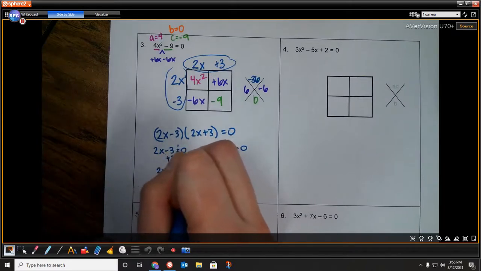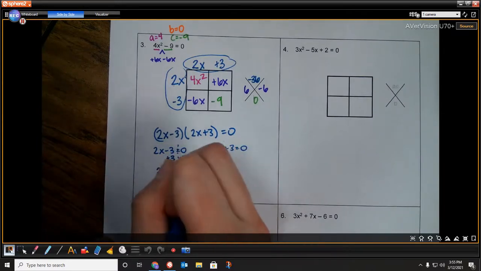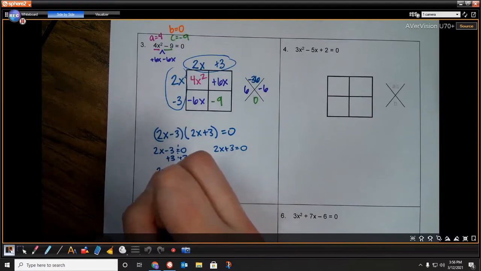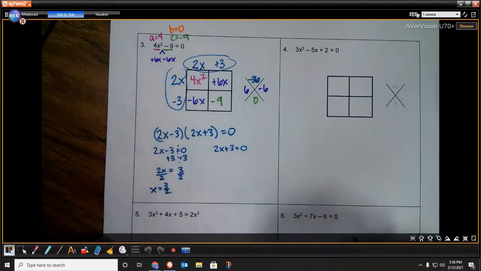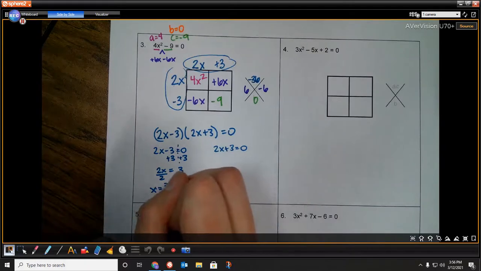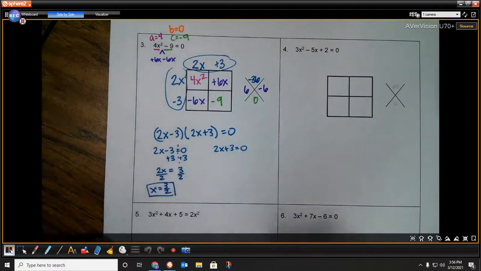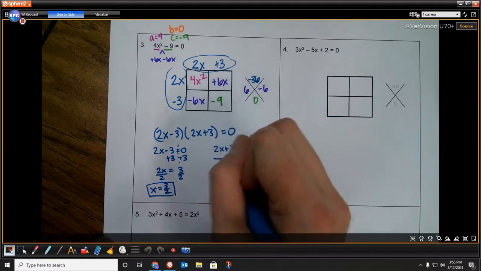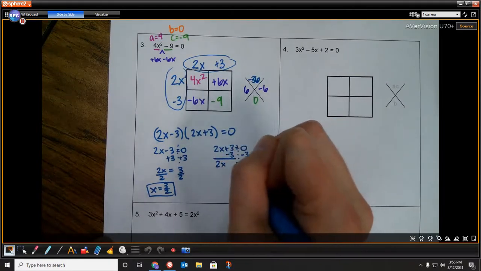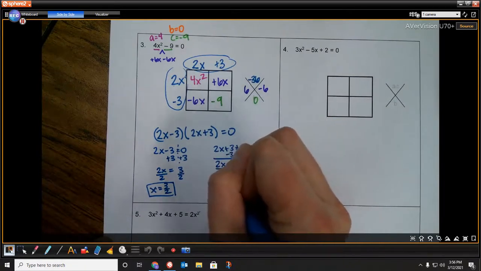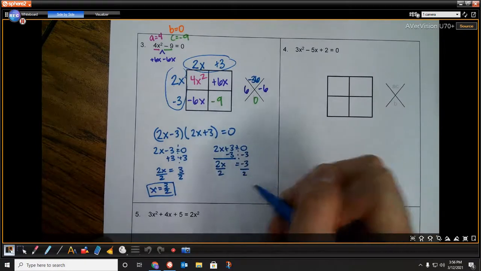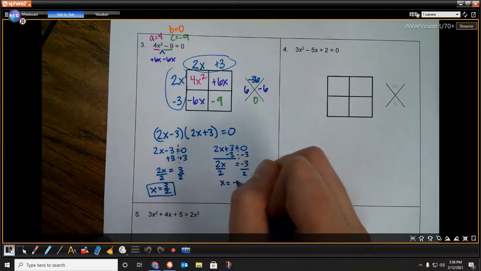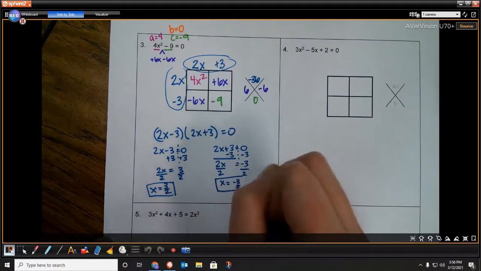So my 2x is equal to 3, divide by 2, and my x will be equal to 3/2. So that is one of my x values. Then we subtract 3 from both sides, and we have 2x equals negative 3, divide both sides by 2, and now x is equal to negative 3/2.